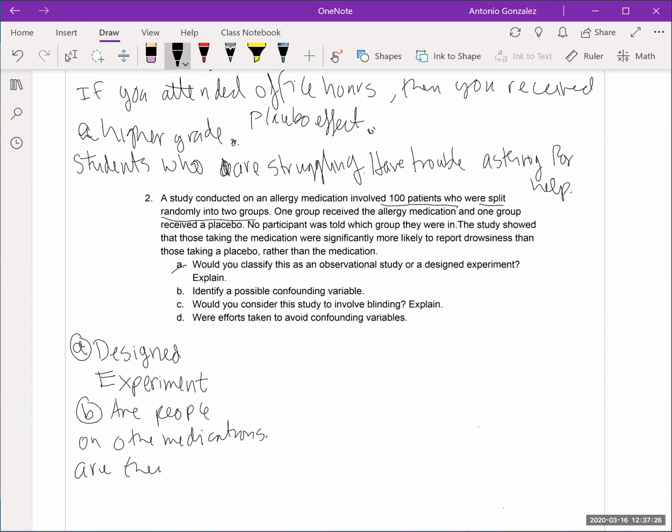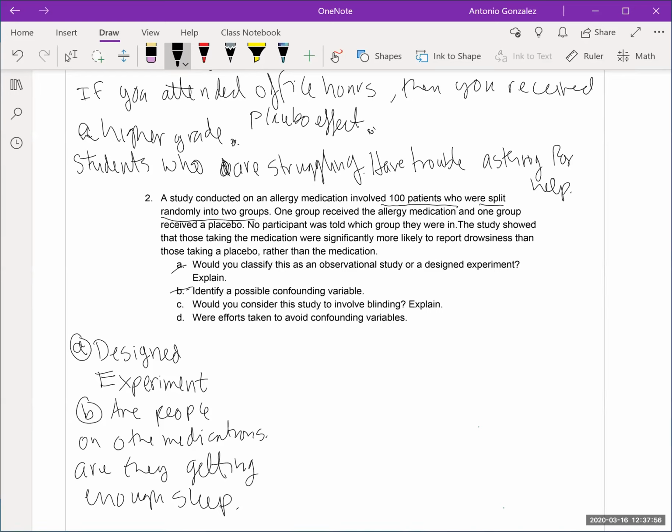Are they getting enough sleep? All right. So again, those are just possible confounding variables, things we want to either measure or make sure that we ask, just to make sure that our experiment is free of as many of these confounding variables as possible.